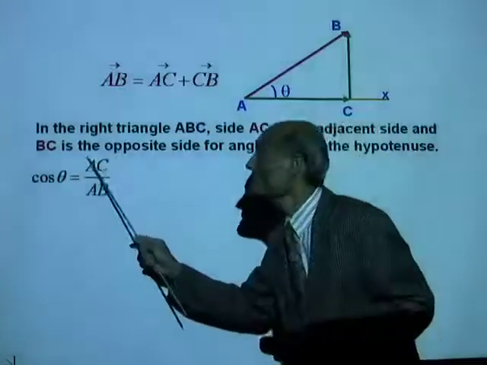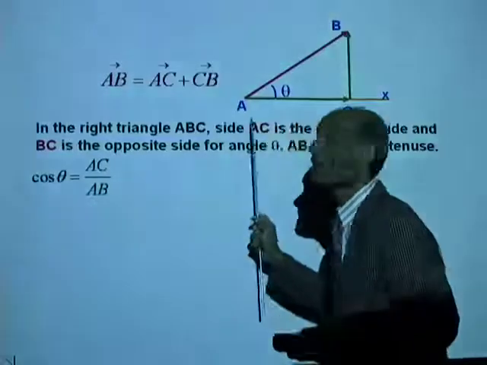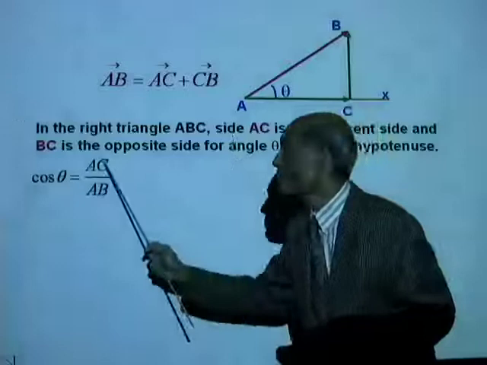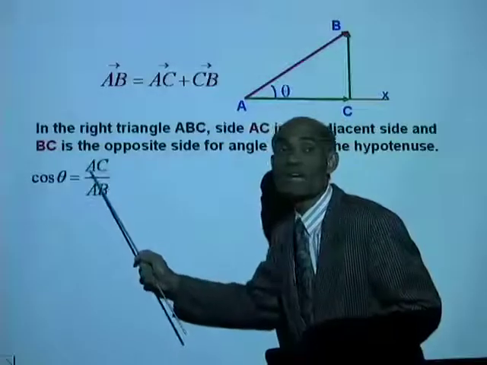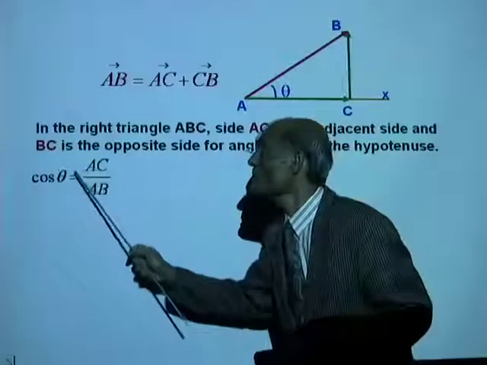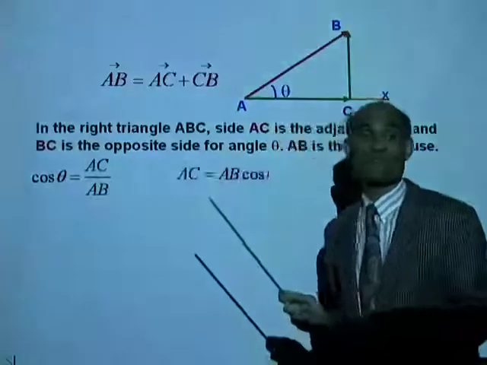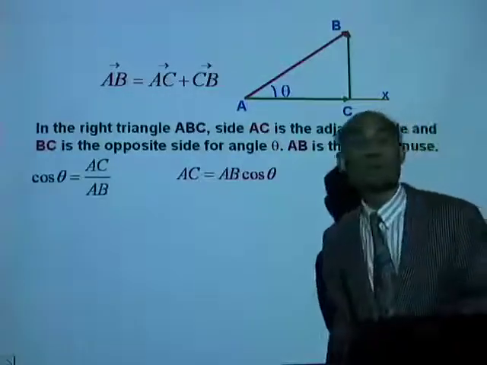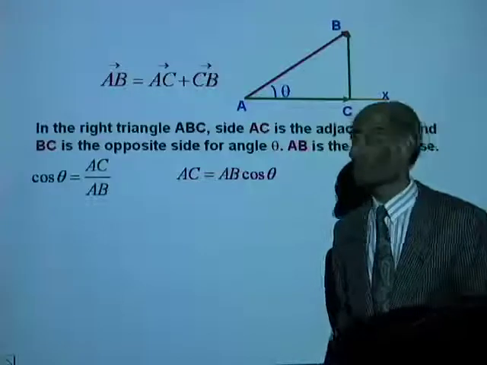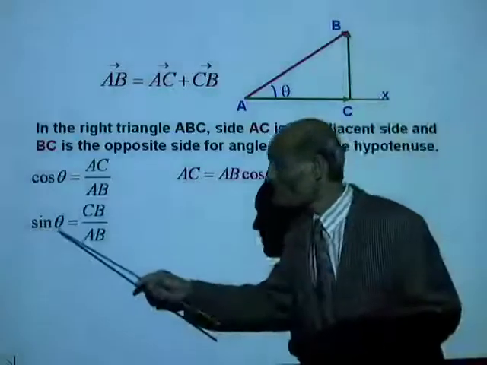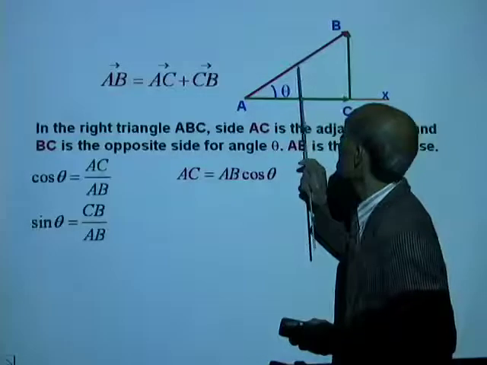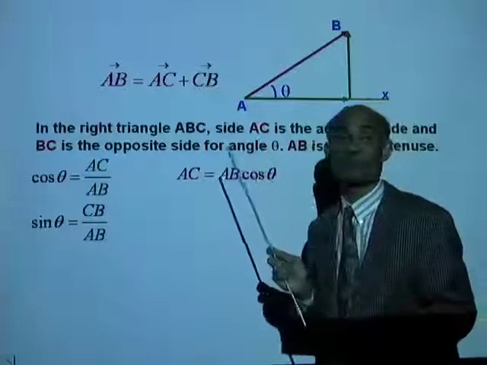And therefore, what is AC equal to? AC is the x component of the vector. AC equal to AB times cos theta. So AC equal to AB multiplied by cos theta. Similarly, sin theta equal to opposite side divided by the hypotenuse.